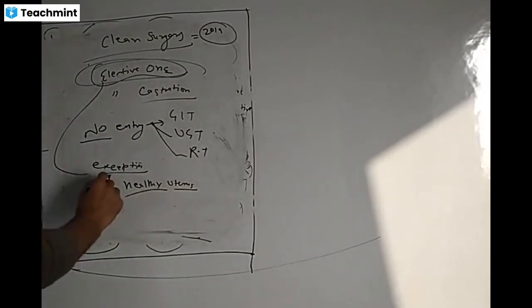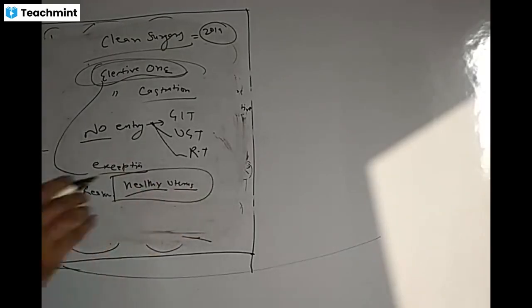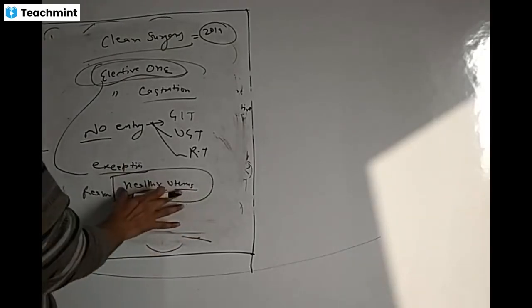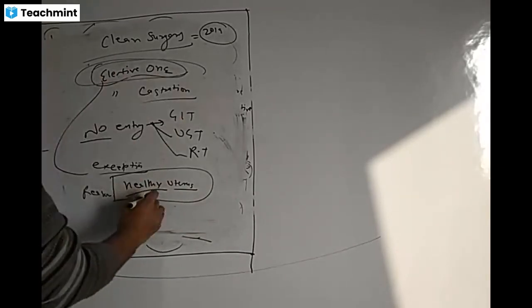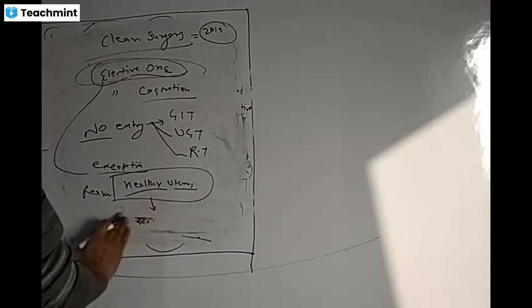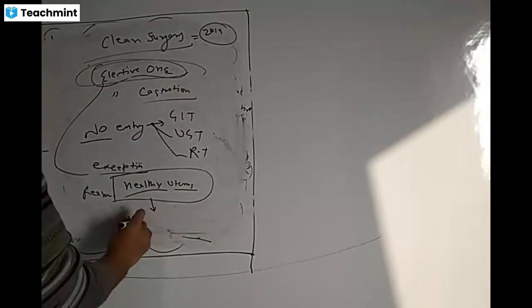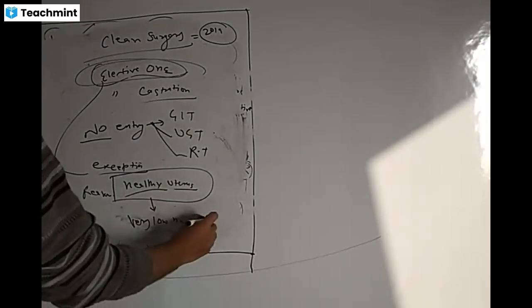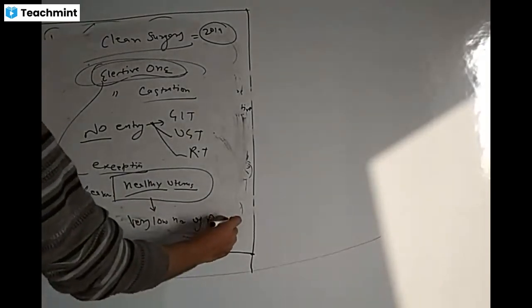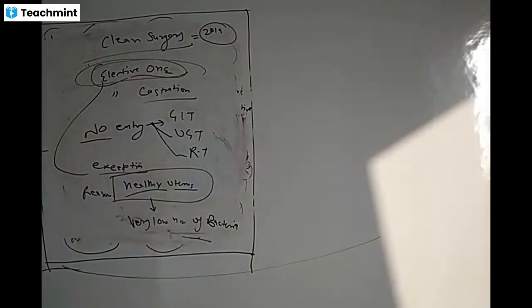This is the case where the uterus is healthy. We are going to remove a healthy uterus. A healthy uterus contains very, very low number of bacteria. So this is the reason why elective OHE comes under clean surgery.